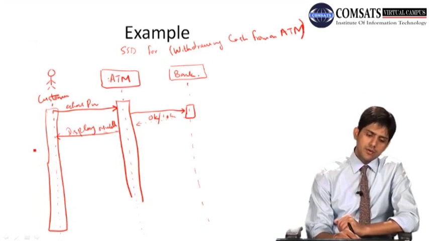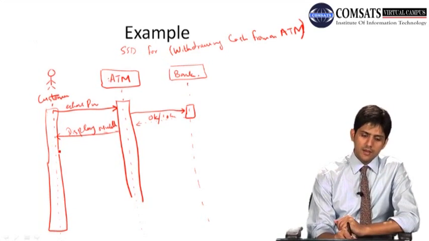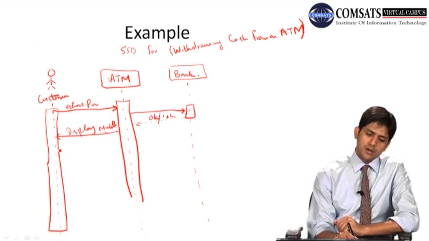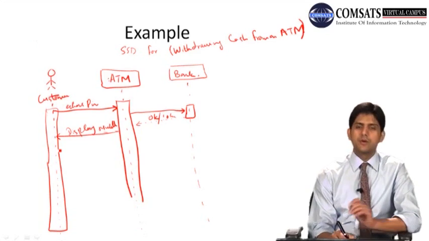Okay, now this is just one scenario कि अगर आप पिन एंटर कर रहे हैं और आपने एक सिनेरियो बना दिया. The other thing would be that कस्टमर इसके बाद रिक्वेस्ट करता है withdraw cash करने की. Okay, so let's say the customer says that I want to withdraw certain amount of cash.